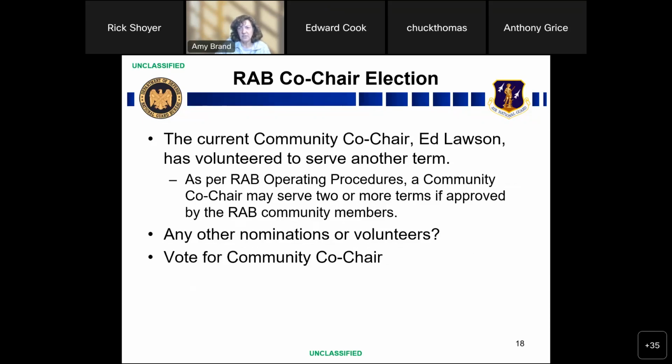Mr. Lawson has volunteered to serve another term. I'm concerned that he's not here tonight because I think he did plan to be here. So I have not heard from RAB members that anyone else was interested in stepping up to serve as co-chair, but this would be the time to say so, if any RAB community members want to serve as co-chair.